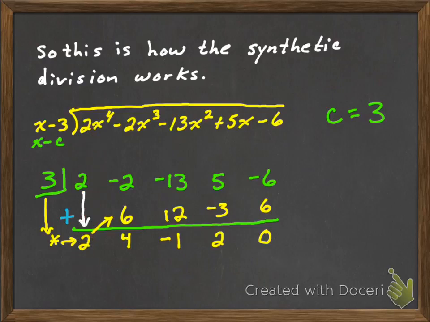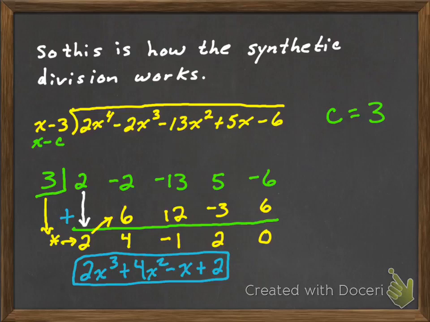So our answer here is going to be 2x cubed plus, and then we have this number, 4x squared, and then this number, so it's minus 1x. And then this number, which is our constant, which is plus 2. That is our answer to the division problem.